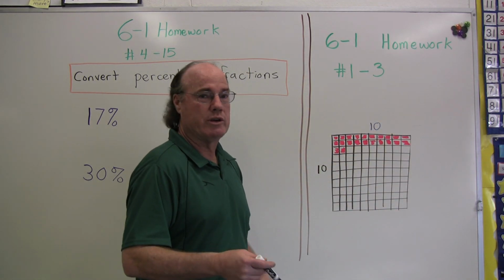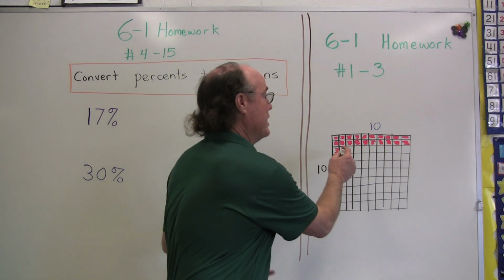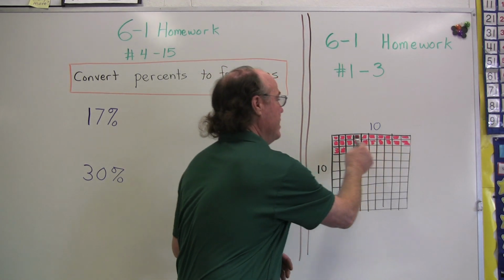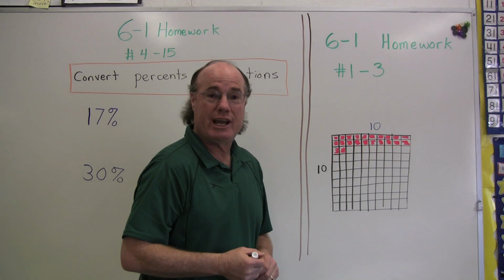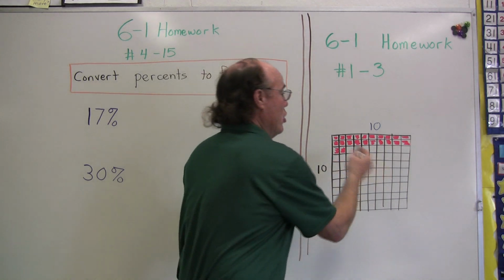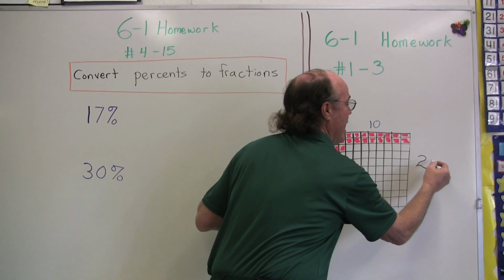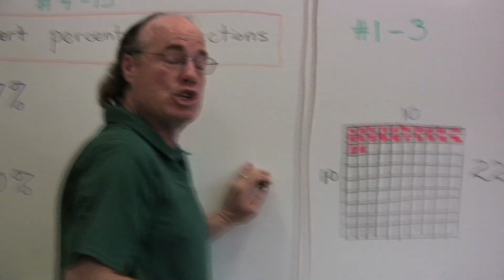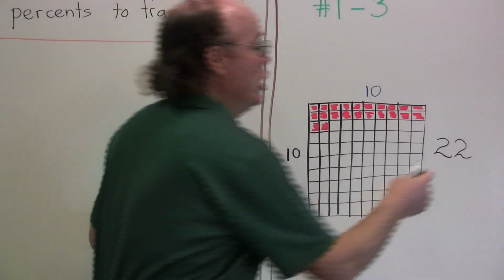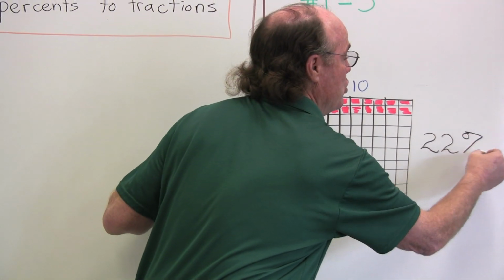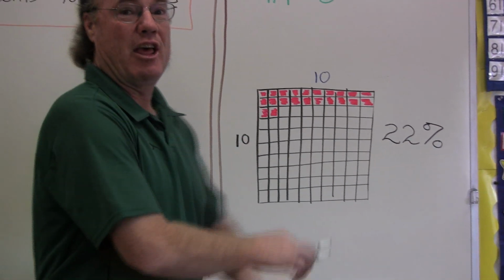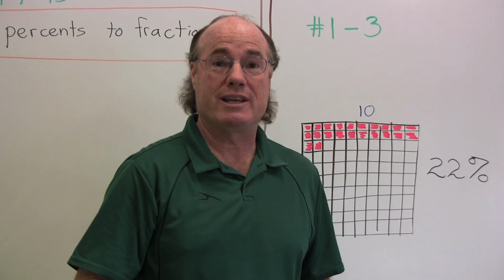And what you have to do is, oh, it's really tough, you have to count up how many of those little boxes are shaded. Okay, so right here it's 2 rows of 10 plus 2. That is 22 boxes shaded out of 100. So that is equal to 22%. That's as hard as 1 through 3 gets.